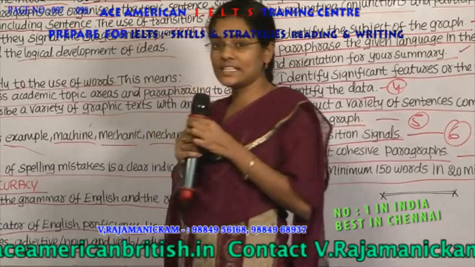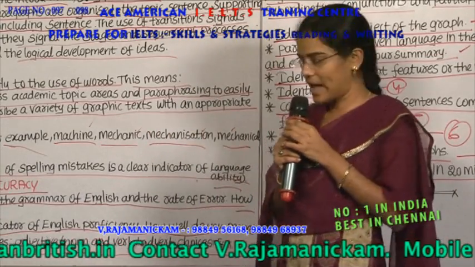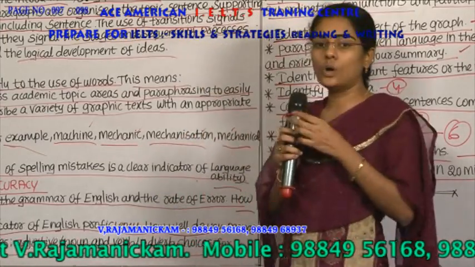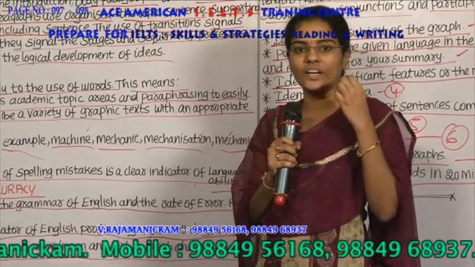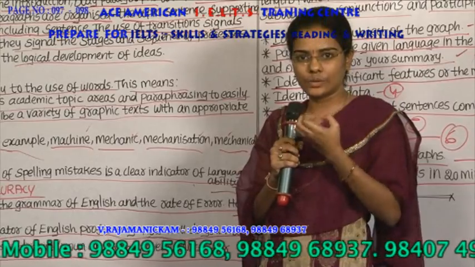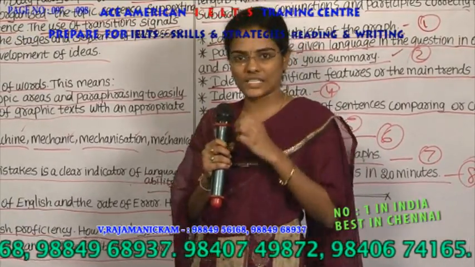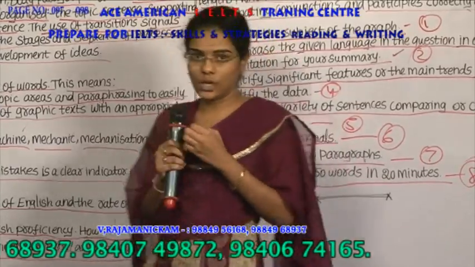We can use active voice and passive voice sentences, and adjectives, nouns, and verbs. You can write the essay where you use active and passive voice sentences, and also adjectives, nouns, and verbs.